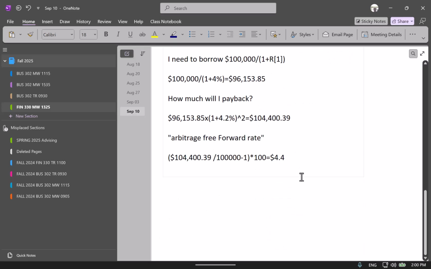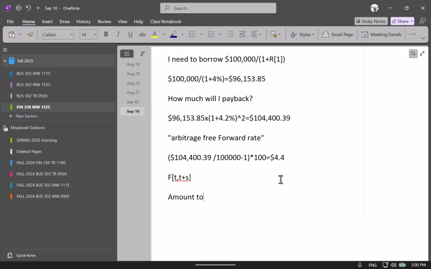In general, if you think about it, let's put a notation. If we're looking for forward rate from T to T plus S, we're gonna call R T the T year rate.